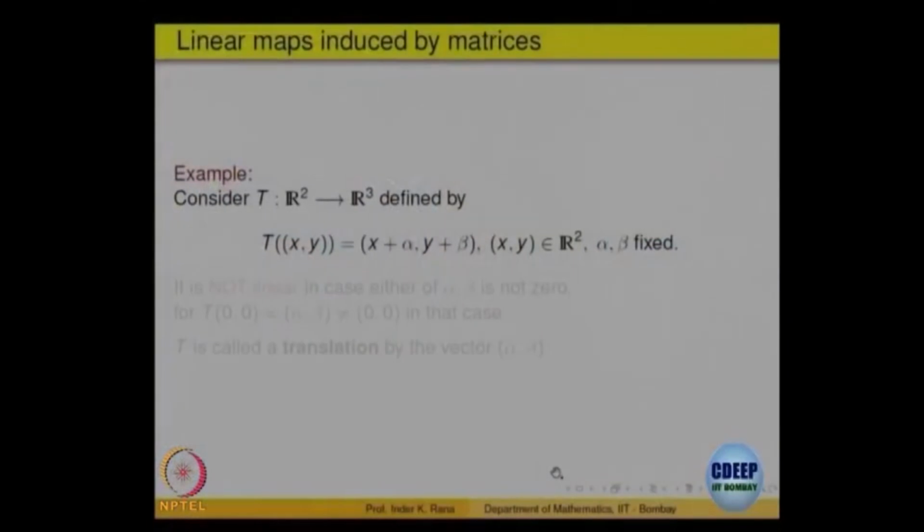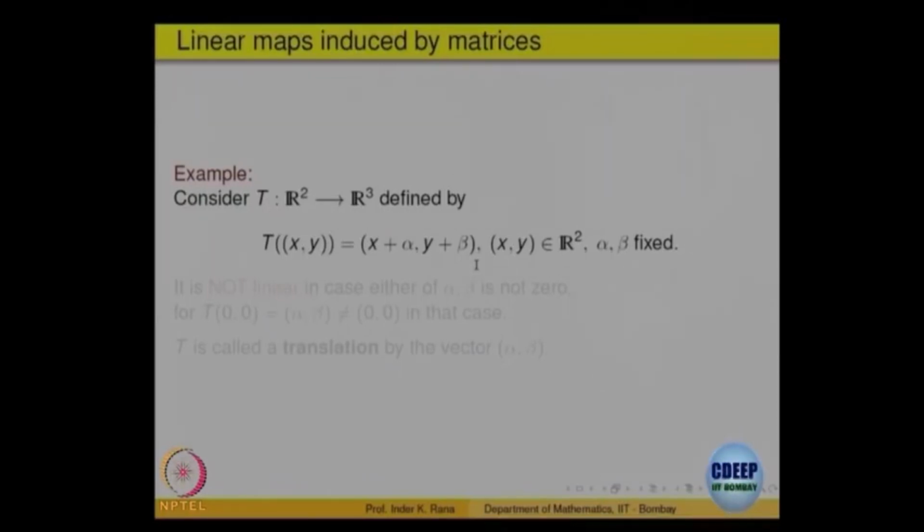Let us look at this. T of x y, it is from R2 to R2, this is a typo here. x y goes to x plus alpha comma y plus beta. So, to the x component you add alpha, to the y component you add beta. The question is, is it linear or not? Obviously, it is not linear, because if T is linear, T of 0 should be 0.